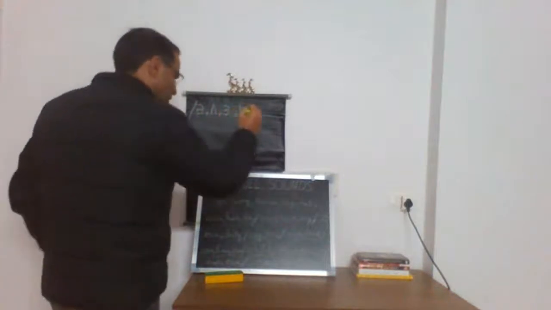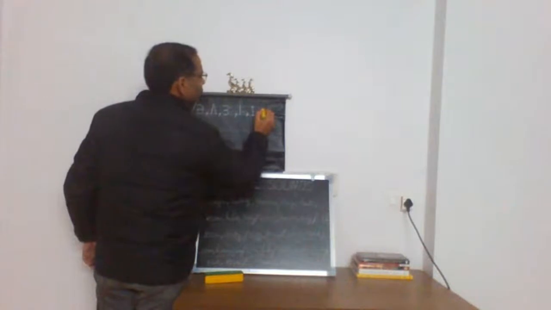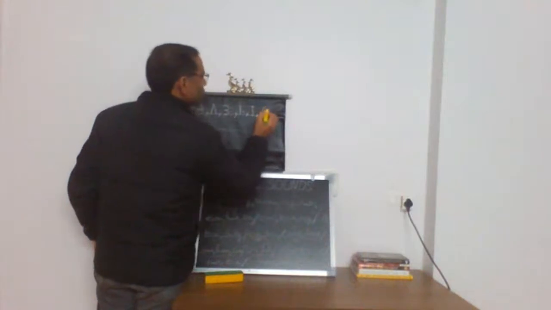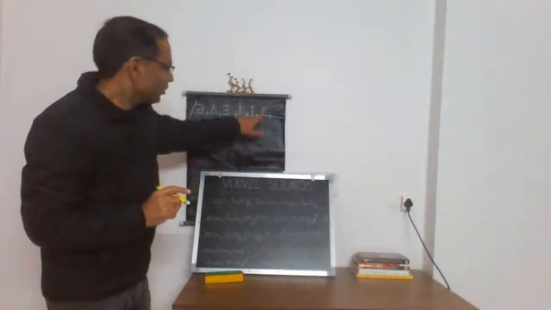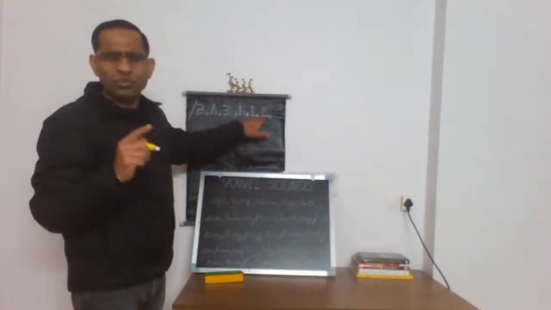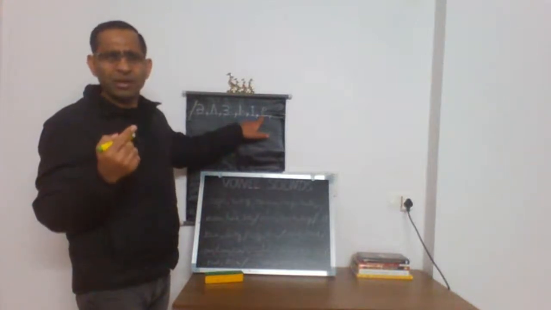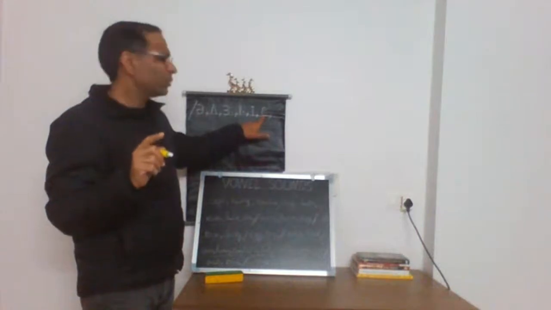Okay, now coming to a sound. Now, this symbol, which looks like English letter E, is in fact a symbol for the sound a.